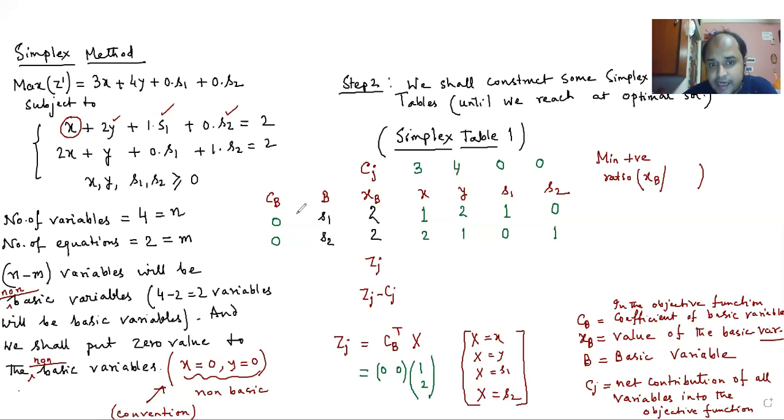If you recall the multiplication of two matrices, this would be 0 into 1 plus 0 into 2, which is equal to 0. So we have got our first value of Zj for the column x, which is 0, by this rule.